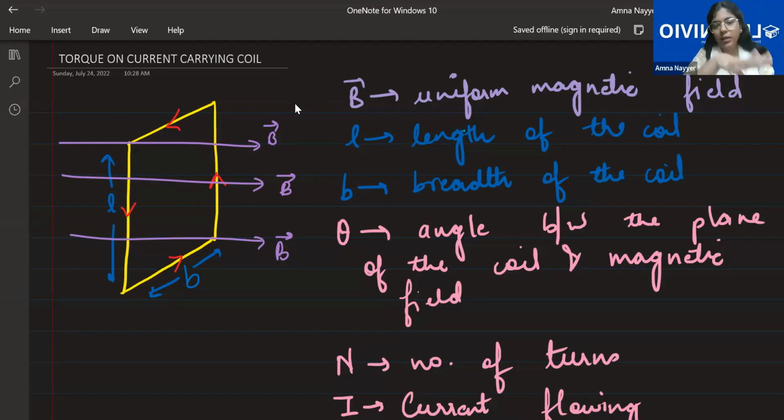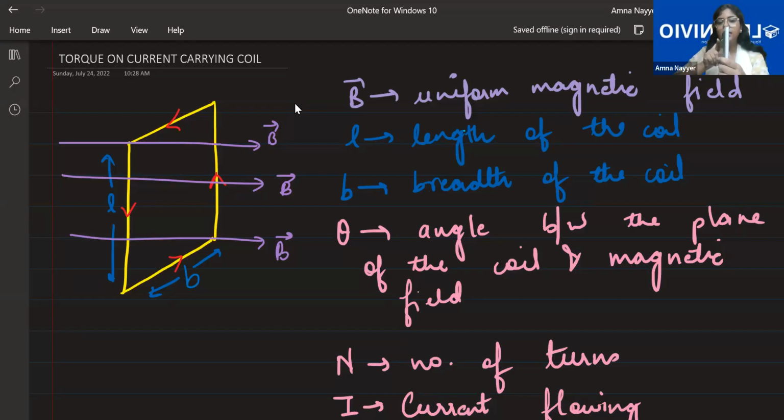Now Basmi, here you have to do the right hand thumb rule along the current flowing. Look at this, this is how it is put. This is your y axis, this is your x axis, z axis.